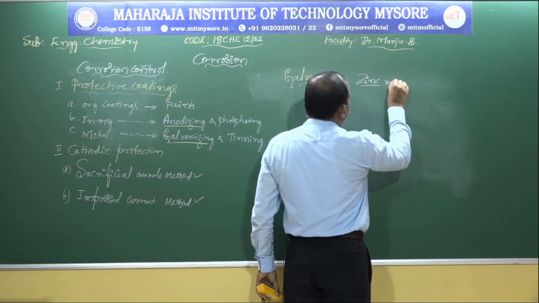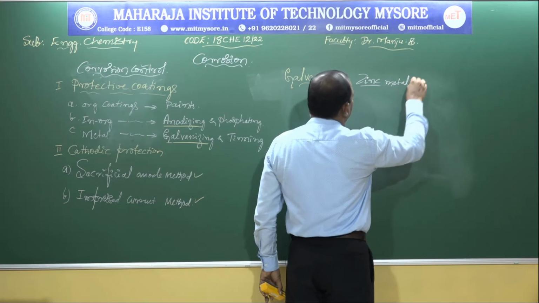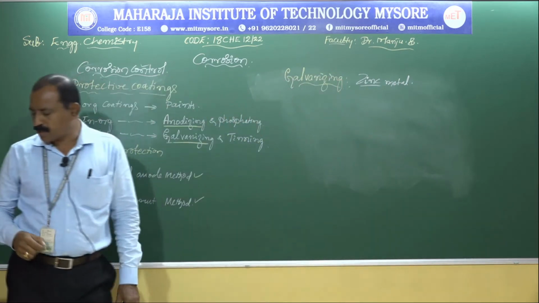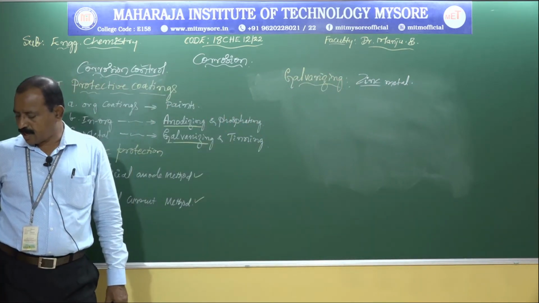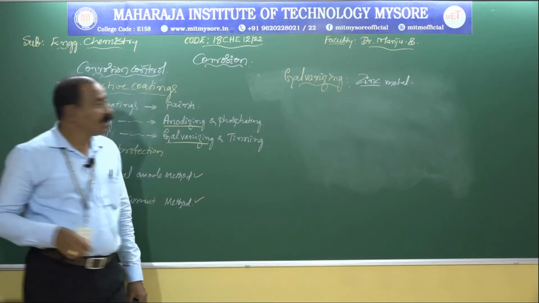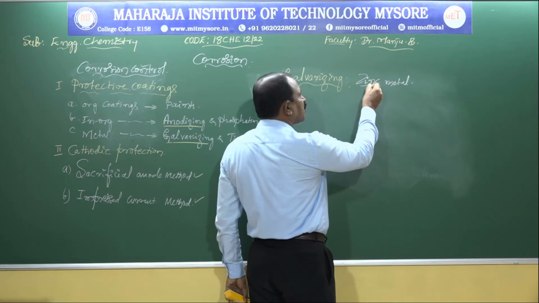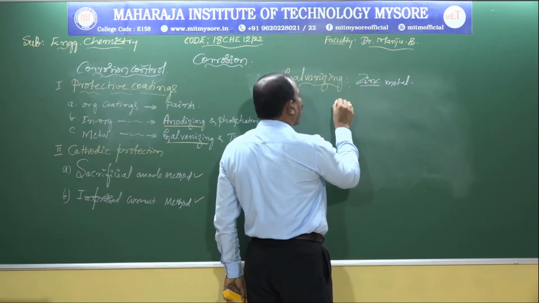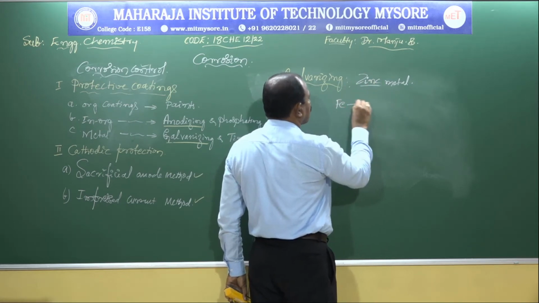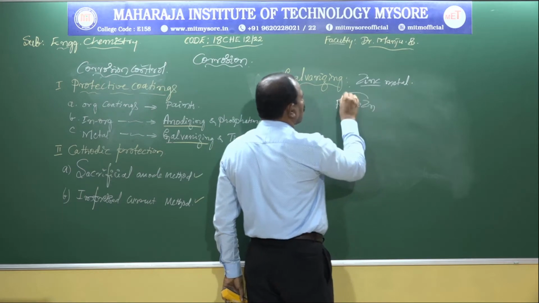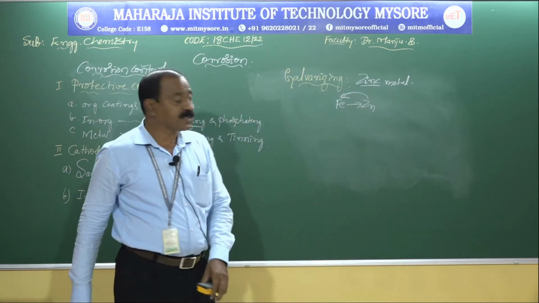Pure zinc metal is coated on the surface of iron, that is called galvanizing.